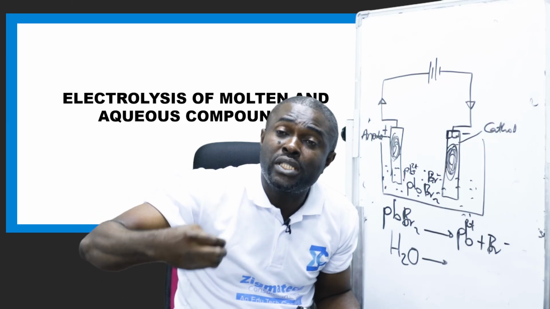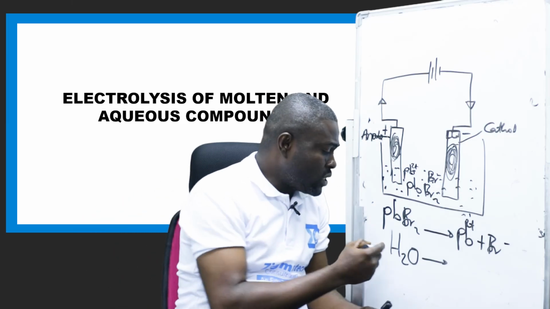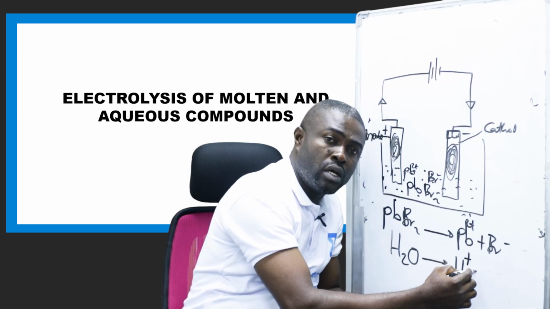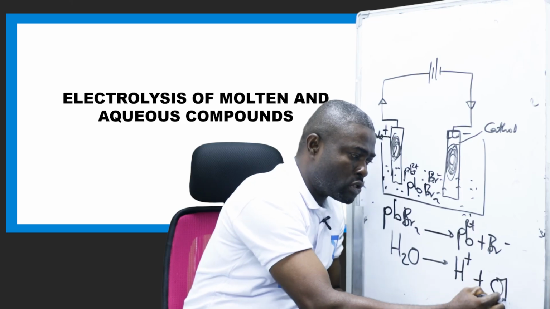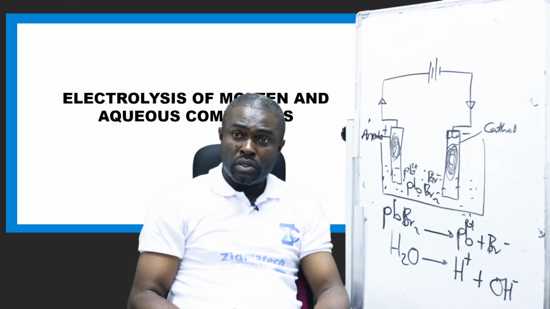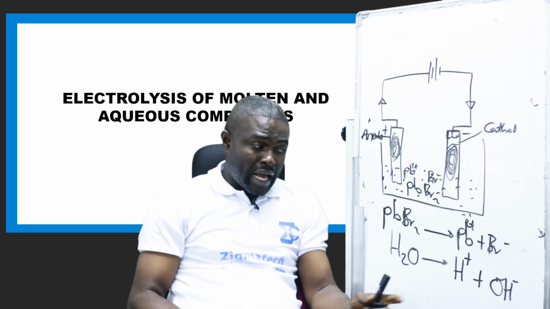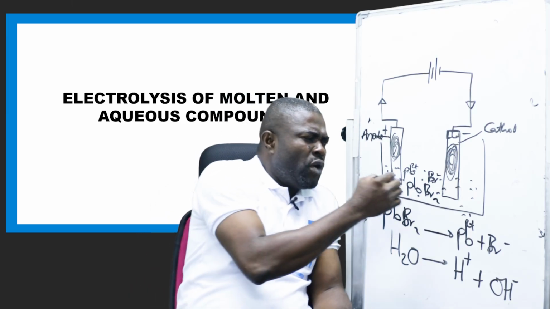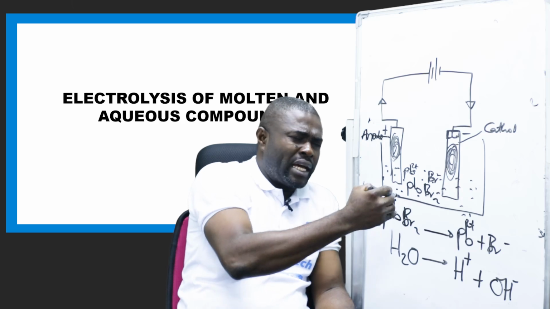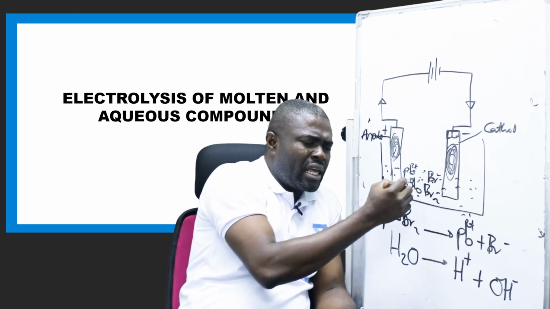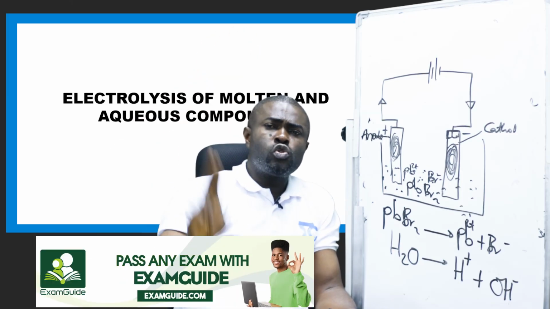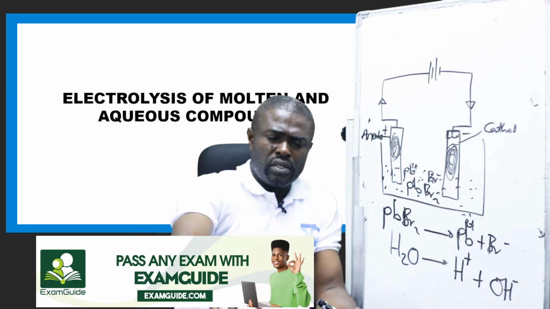It can also give you a positive end and a negative end. What is the positive end of this water? Water carries hydrogen plus and carries OH minus. Can you see it? So, when you are using an aqueous form of electrolyte, inside the electrolytic cell here, you will have a total of 4 ions, 2 positive and 2 negative.